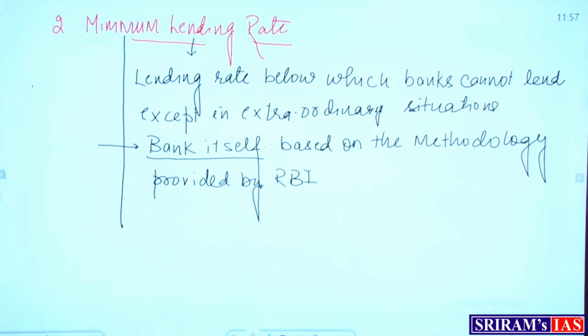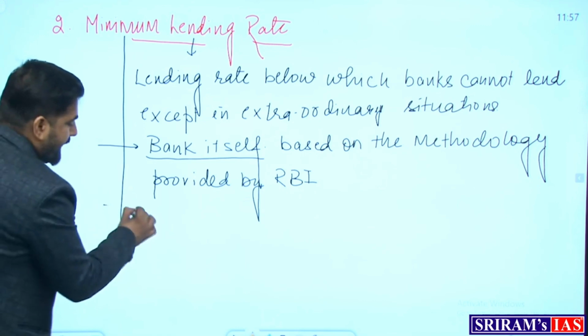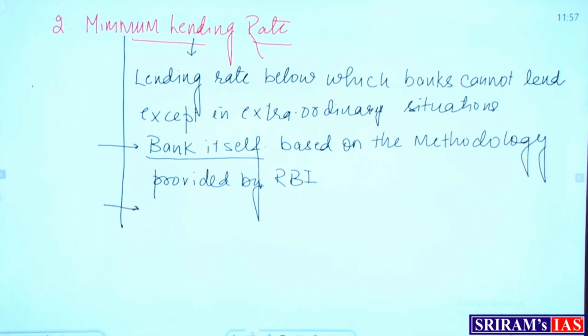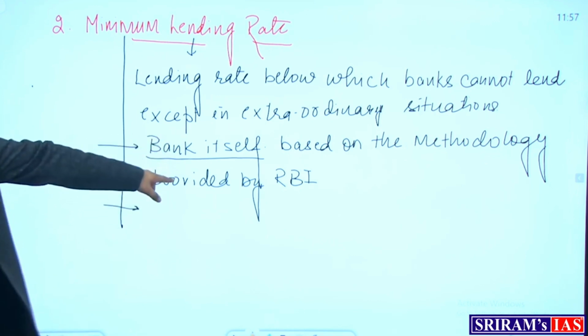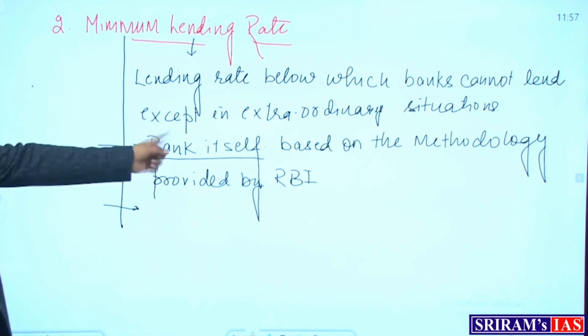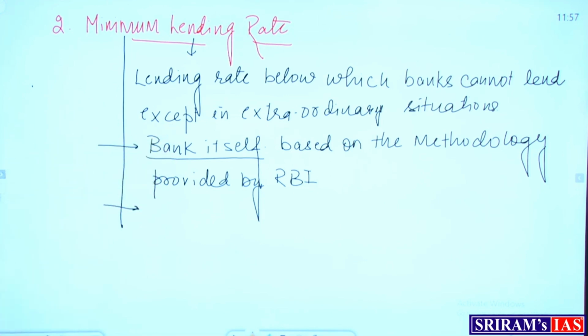And if it is set by the bank itself, can't I say that different banks have different minimum lending rates? And you check, anytime you look, you'll find out minimum lending rate for home loans or auto loans in different banks will be different. Why? Because banks themselves set the minimum lending rate based on the methodology provided by the RBI.